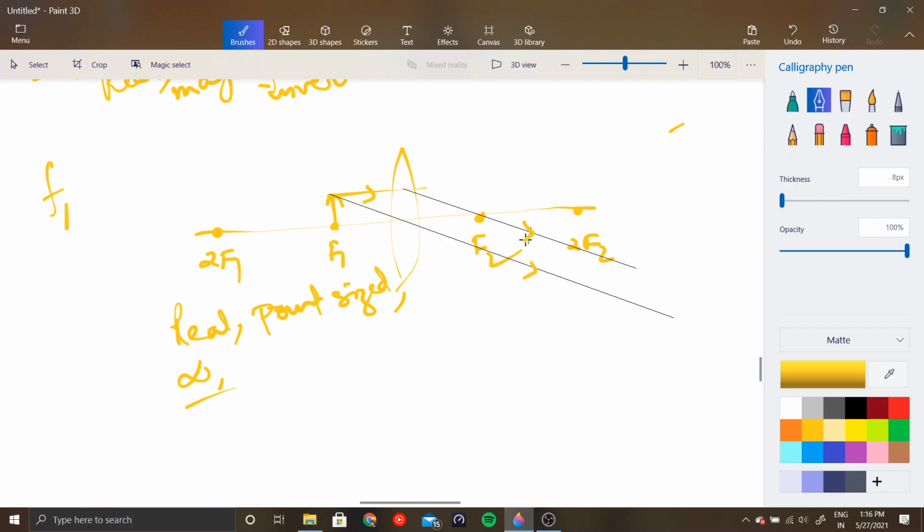It will be point sized, or will it be point sized? Guys, actually I tricked you here. See, how can the image of an object which is infinitely far off be point sized? We will conceive it to be point size, and that's what is written in your book. It is not actually point size. It is highly magnified.